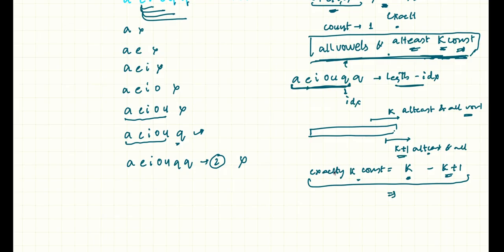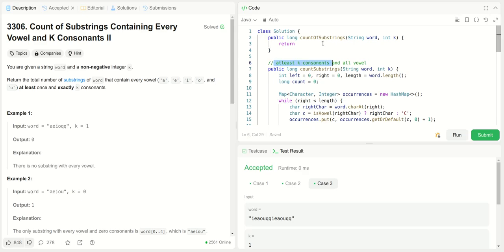To get exactly k consonants, we have to call the at least k function and then the at least k plus 1 function, and get the difference. So count substrings with at least k consonants, minus count substrings with at least k plus 1 consonants.